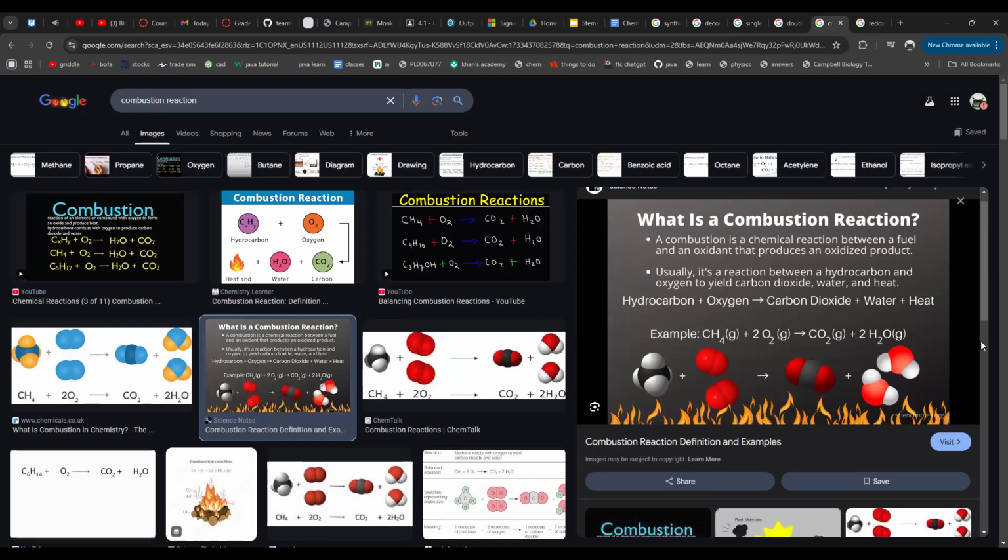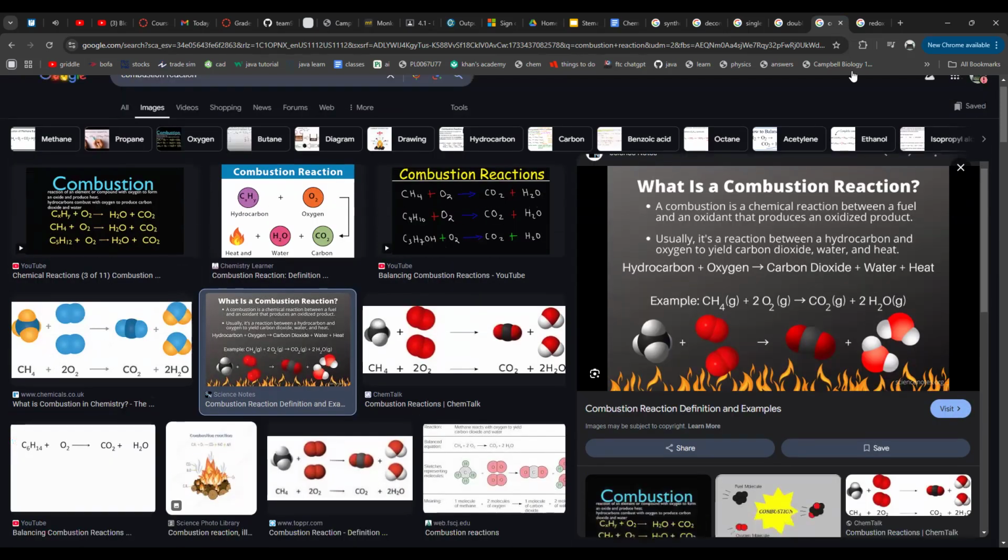A hydrocarbon is just anything with hydrogen and carbon in the name. One example you come across is methane, CH4, plus 2O2 yields carbon dioxide and water. And this is the form of reaction that powers factories, all that stuff, by just burning.